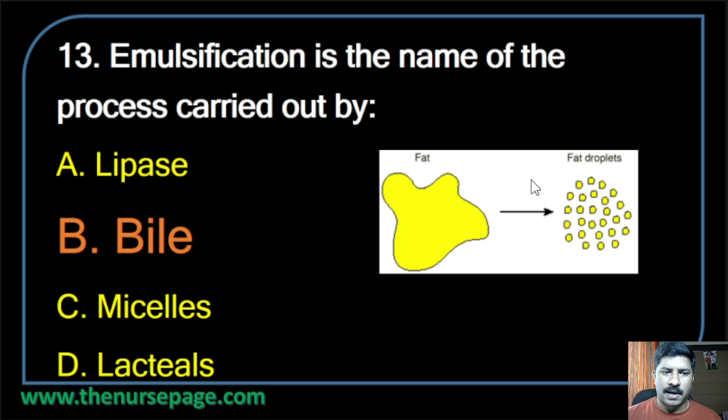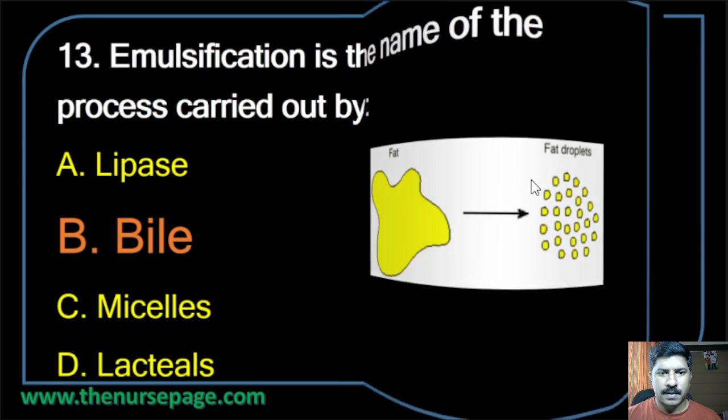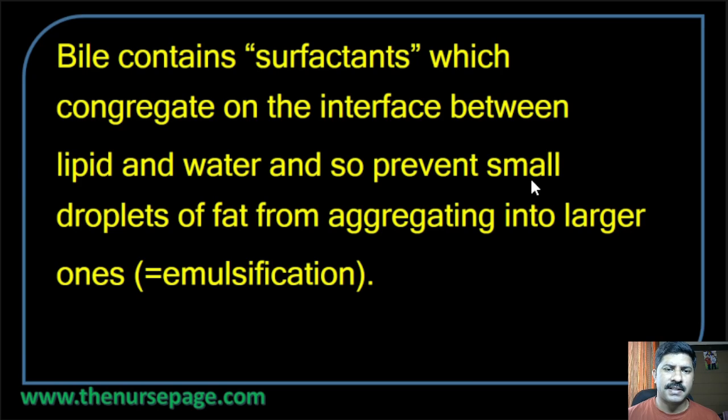So that is the role of bile. Bile contains surfactants which congregate on the interface between lipid and water, so they prevent small droplets of fat from aggregating into larger ones. If the droplets are small, absorption and digestion will be easier.